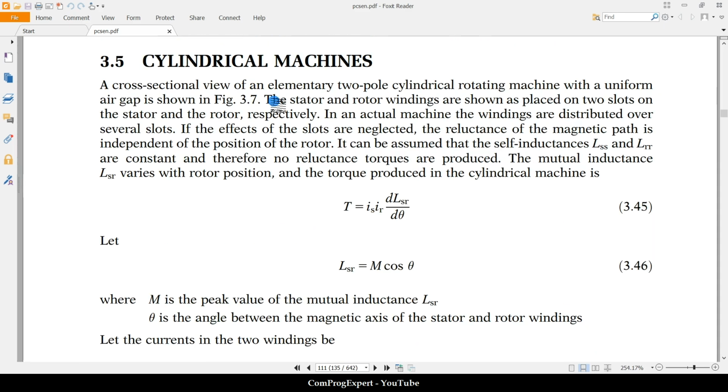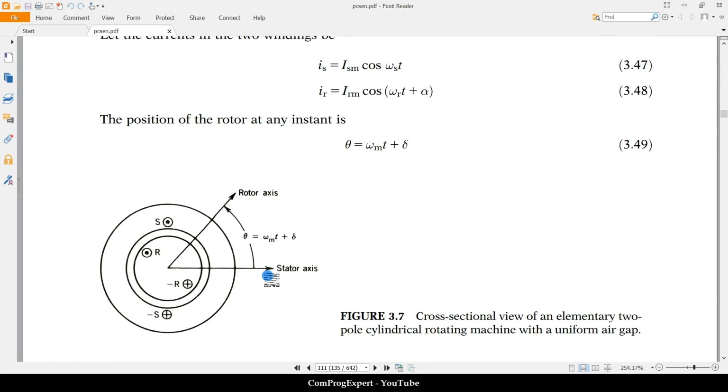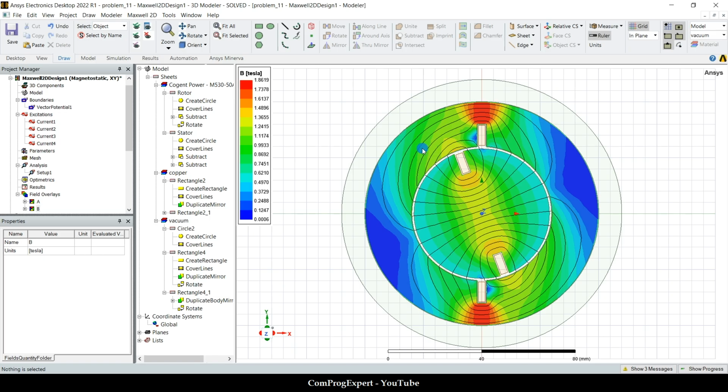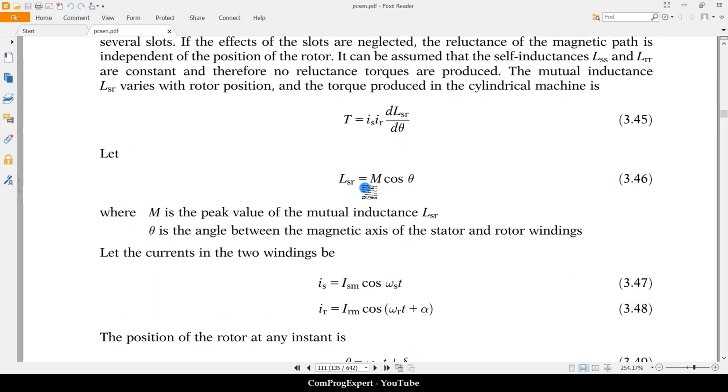Anyway, the stator and rotor windings are shown as placed on two slots on the stator and the rotor respectively. In an actual machine, the windings are distributed over several slots. Yes, in an actual machine, we have distributed winding, we have several slots. This is a simplified version.